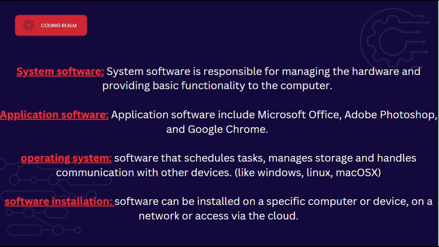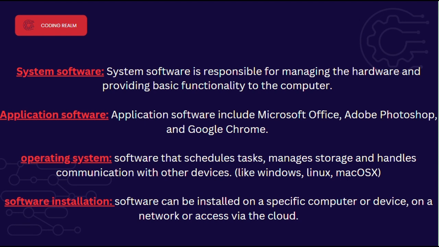New software is being developed all the time, and existing software is being updated to add new features and improve performance. Now, this is the difference between the system software and the application software.